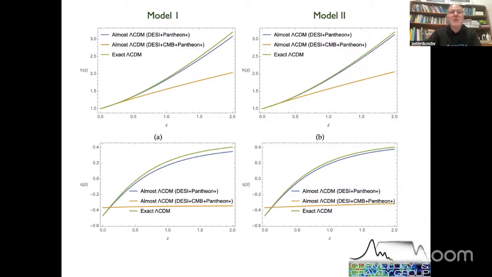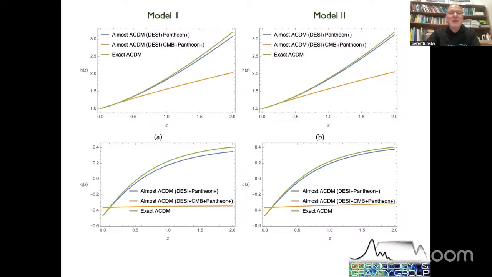Blue is DESI plus Pantheon plus, and it does pretty well at low redshift, so it's pretty close to lambda CDM at low redshift. But the moment you add CMB data to this, then by a redshift of 0.5 you differ quite substantially from the lambda CDM Hubble rate. This is similarly true for model 2. If you plot the deceleration parameter, the same kind of thing happens.